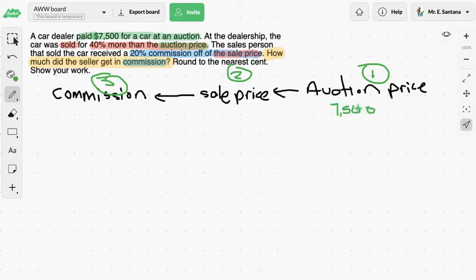To get from the auction price to the sale price, we have to understand that it's 40% more than the auction price. That means it's going to be 7,500 plus 40% more.